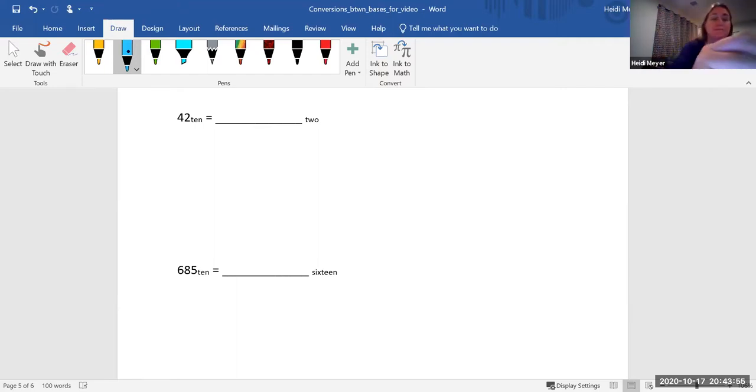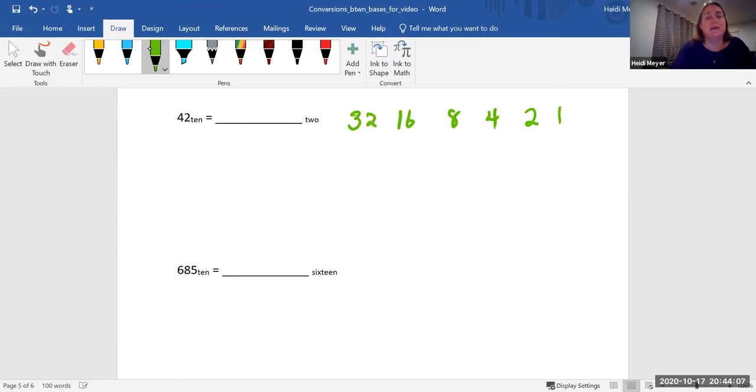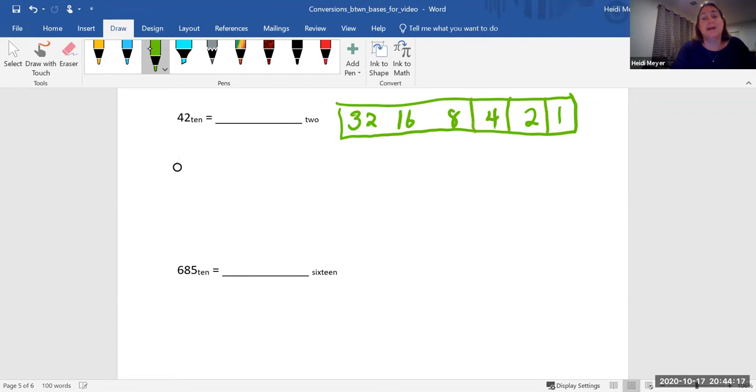Place value. 1's place, it's base 2, 2, and 4, and 8, and 16, and 32. If I double again, I get a 64. And that is bigger than the number that I'm working with. So I'm not going to go that far because the number I'm working with is only a 42.